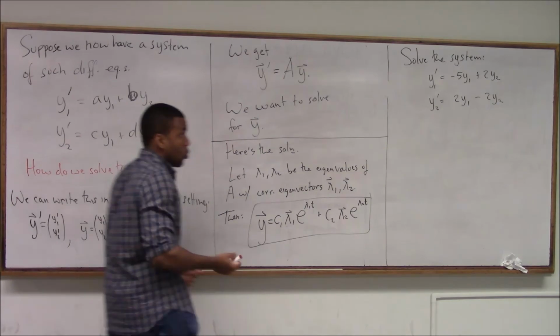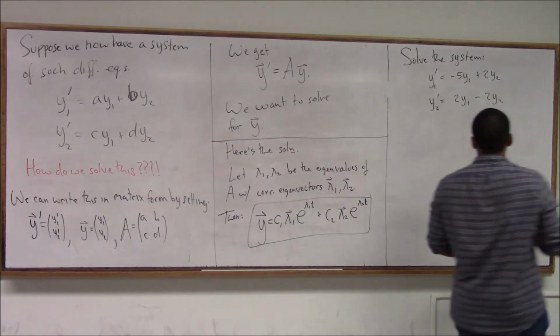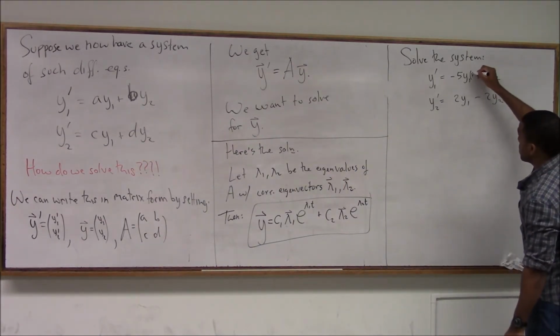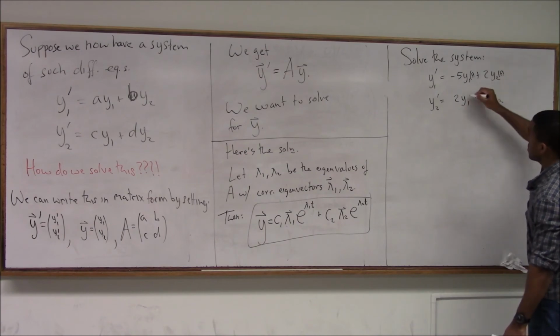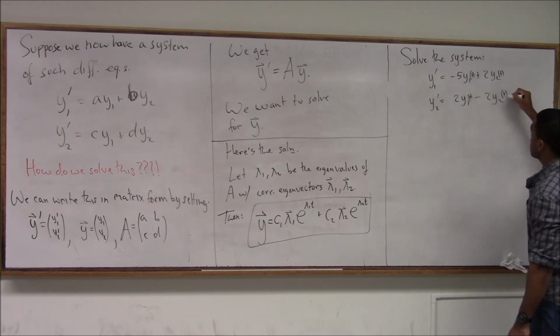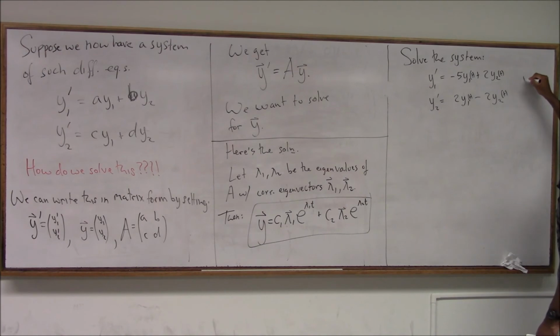And notice that these guys are all functions. So y1, y2 are single variable functions of t, which is what we're calling the independent variable.